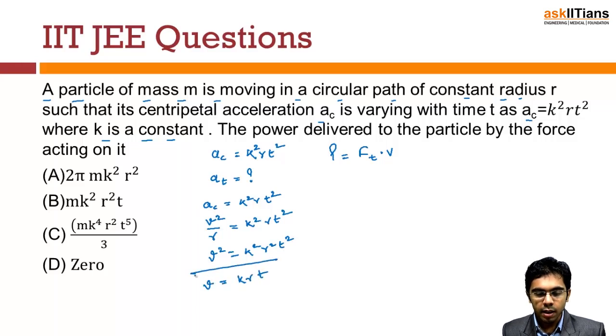This is what we'll get. Since we got v as dependent upon time, it is not independent of time, so there will be a tangential acceleration, and that will be equals to dv by dt. So it comes out to be kr.